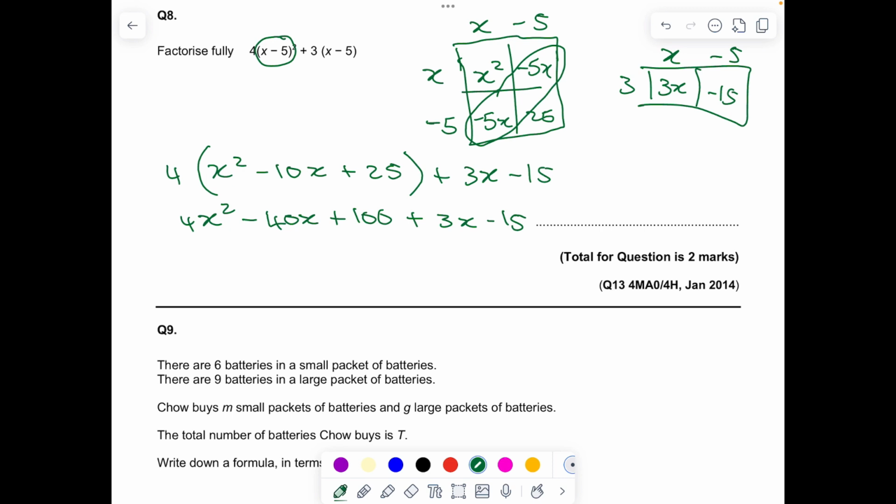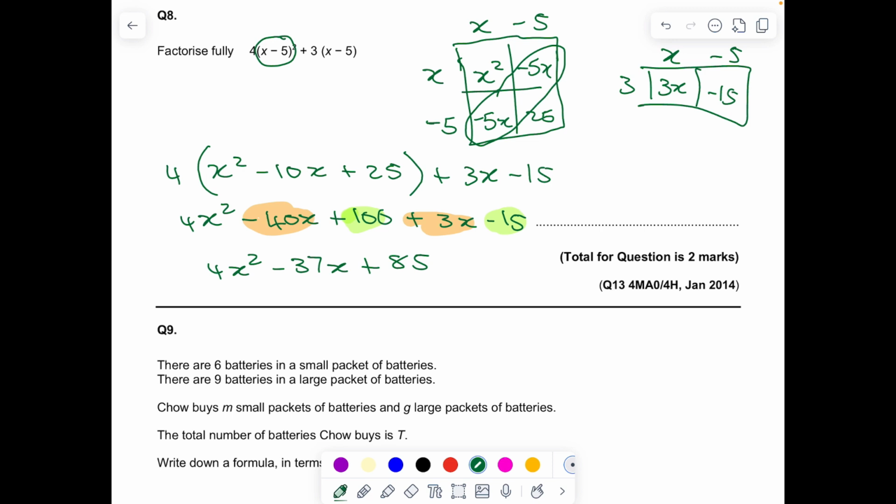When I tidy it up, I can put together my minus 40x and plus 3x, and that gives me 4x squared minus 37x, and then I can also put together plus 100 minus 15, which gives me plus 85. Okay, getting up to that point, even though it's a lot, gives you 1 mark.